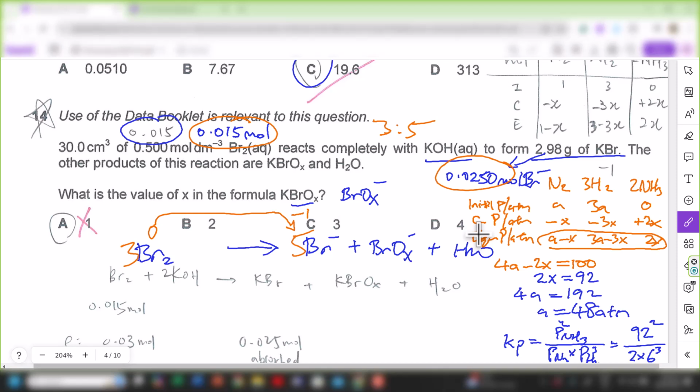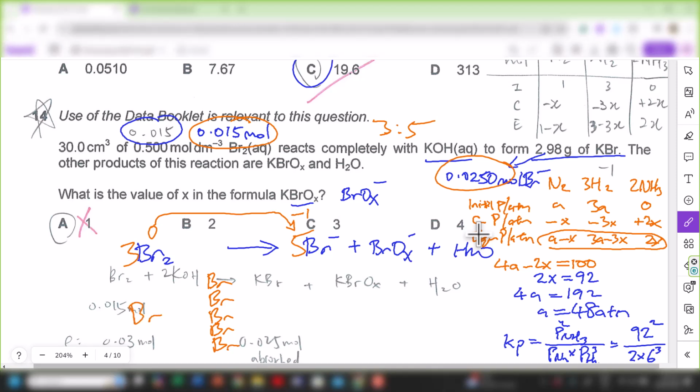Assuming that we have 6 bromine, each of the bromine's oxidation state at the beginning is 0. 5 of it becomes -1, so 5 of them gain 1 electron. But these 5 bromine gain electrons from where? From the remaining bromine, right?